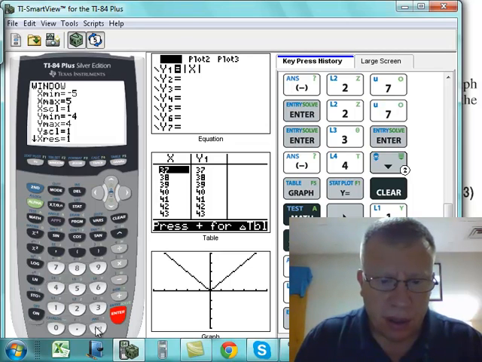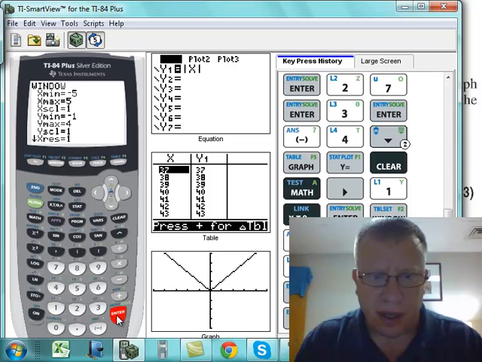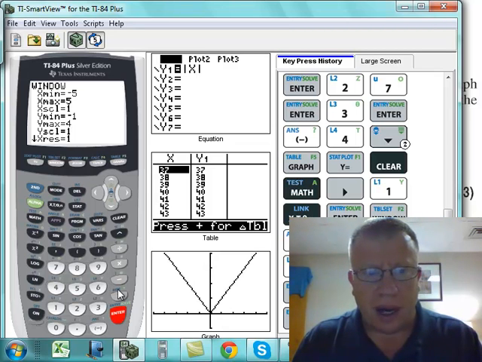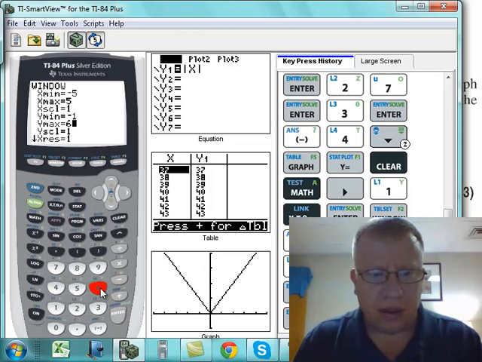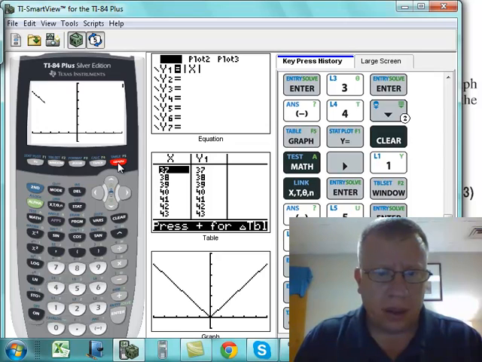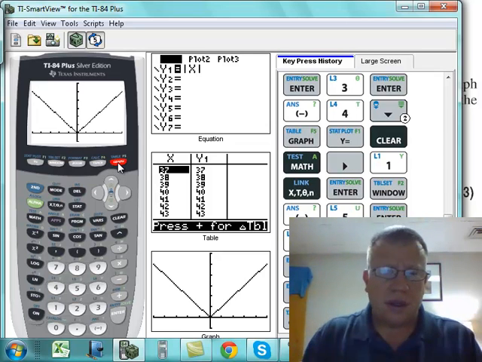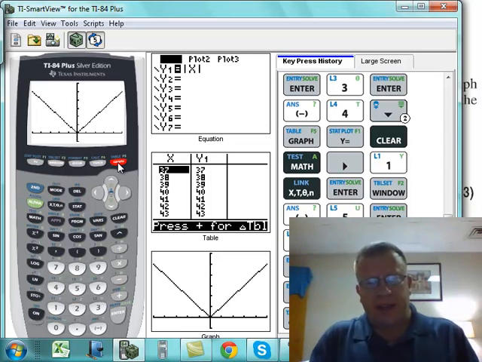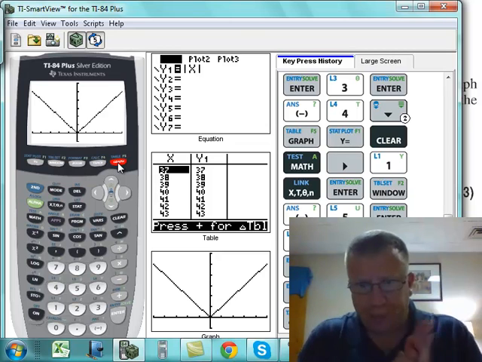Y minimum, let's let that be -1 so we can see it just a little bit below the x-axis. And then y maximum, let that be 6. And we'll keep the y scale at 1 as well. And go ahead and graph. And there's the beautiful graph of the absolute value function. Okay, V for victory.